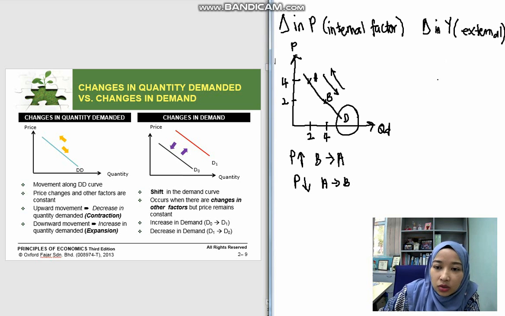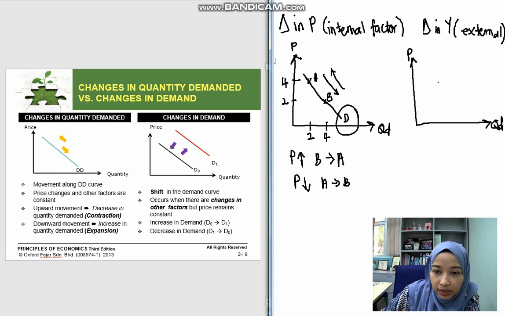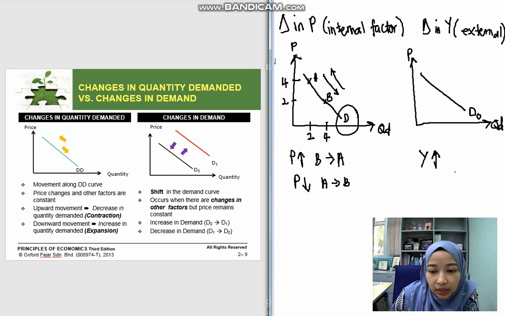Okay, so what happens if there is a change in income? Okay, we have the same graph. We have quantity demanded on the x-axis, and then we have price, and we have a demand curve. Let's say I put it as D0, the initial demand curve. So when there is a change in income, for example, if income increase, so usually when income increase, it means that people have more money to spend.